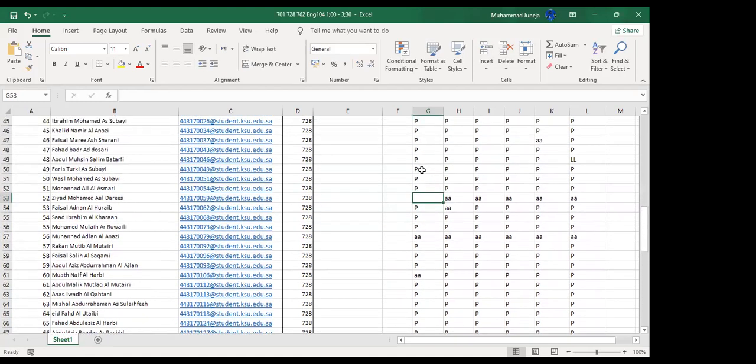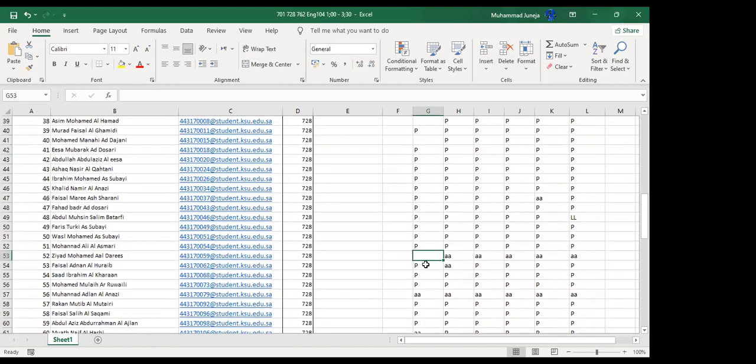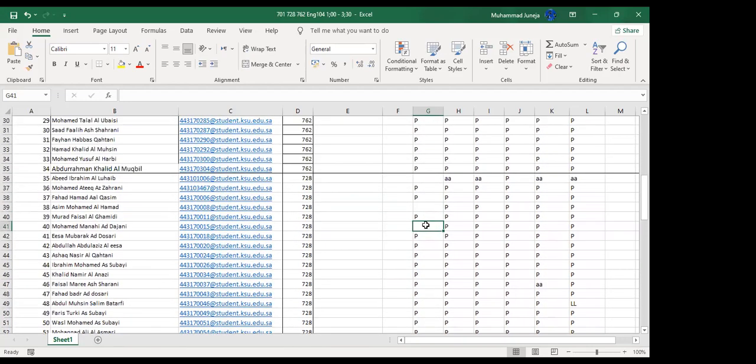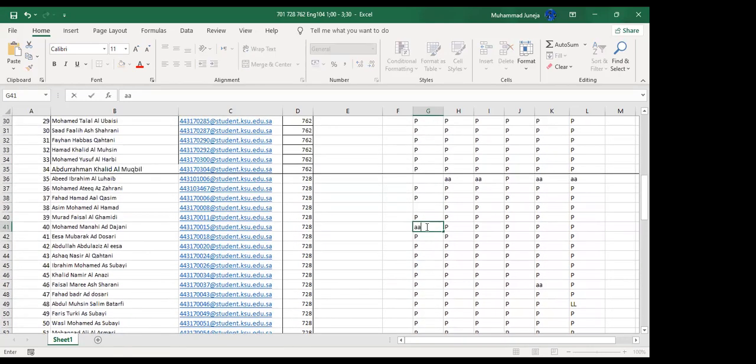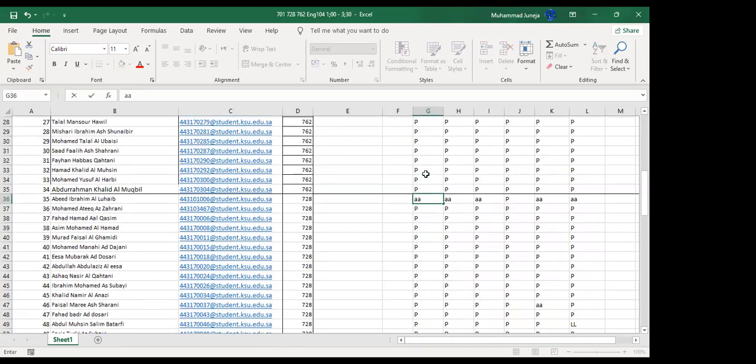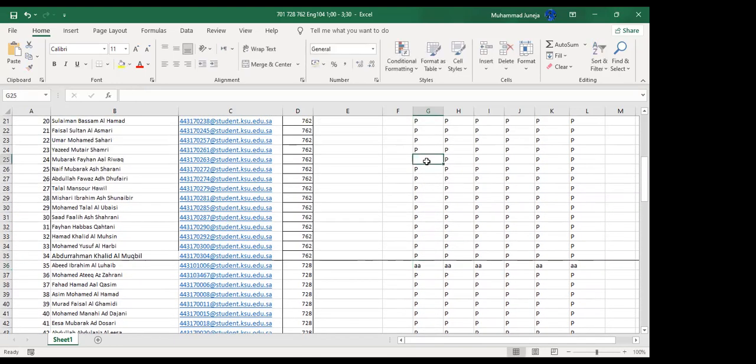Ziyad, 52. Muhammad, 40. Muhammad. Present. Asim, 38. Present, doctor. Oh, sorry, present. Abid. Abid, 35. Mubarak, 24. Present, doctor. That's my name.